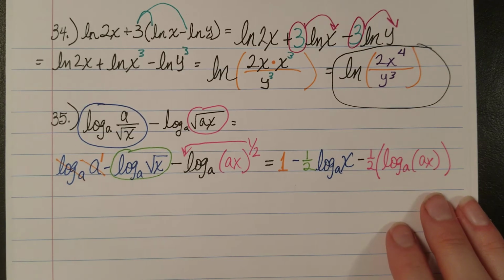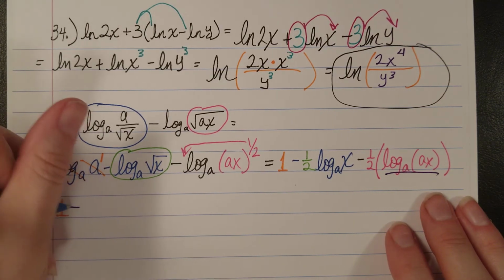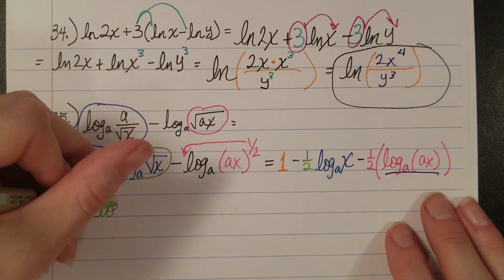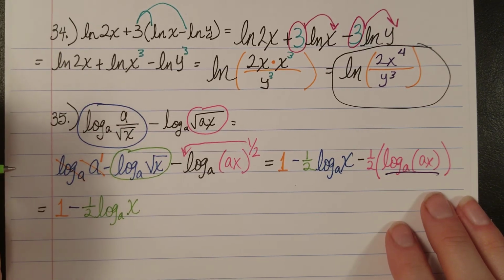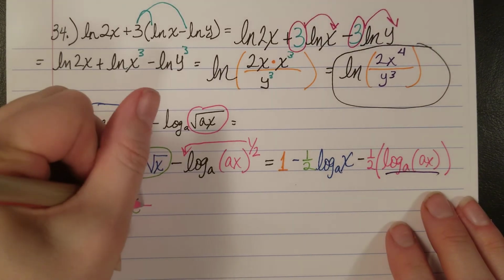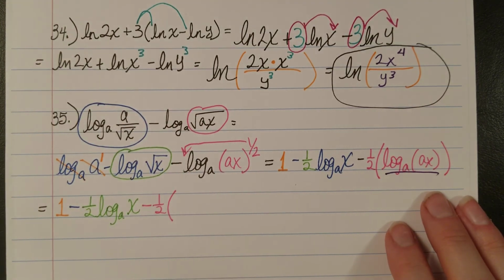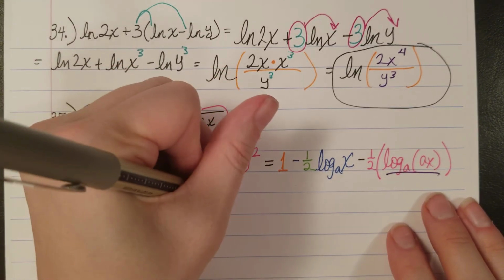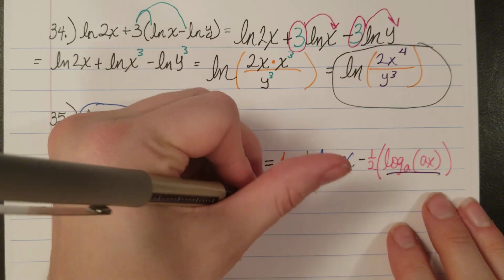Let's now go ahead and split up this one. So I've got 1 minus 1/2 log base a of x minus 1/2 parentheses, and then this is going to be log base a of a plus log base a of x.